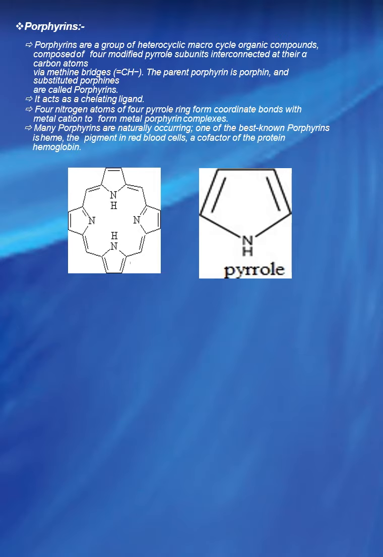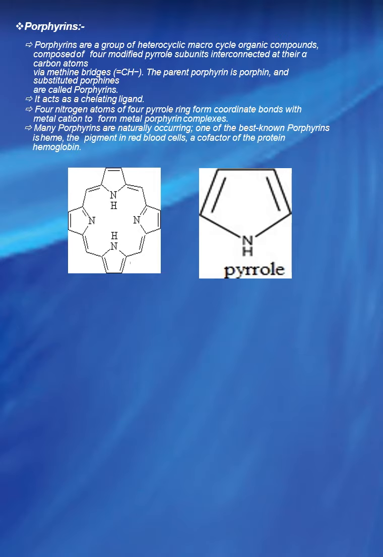So in porphyrins, if you go through a structural analysis, porphyrins are a group of heterocyclic macrocyclic compounds composed of 4 modified pyrrole units, which you can see on the screen.